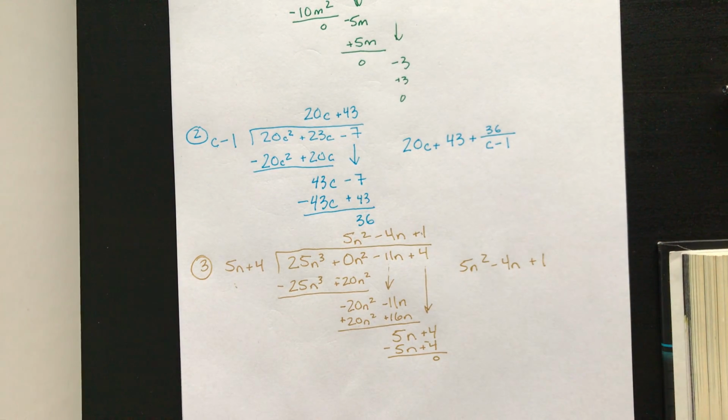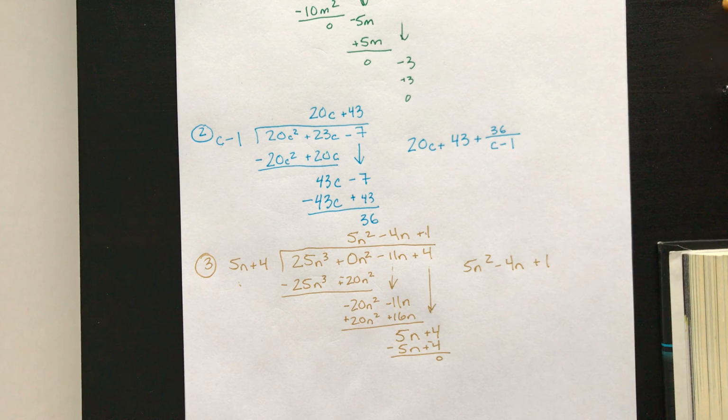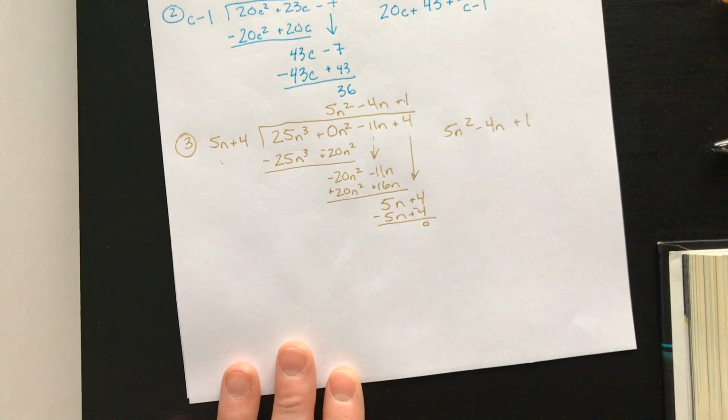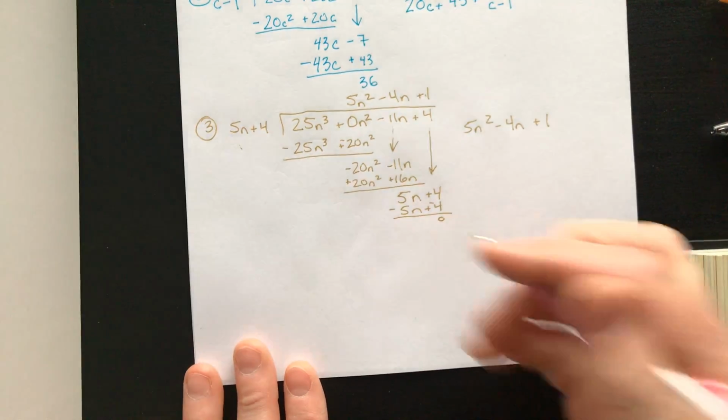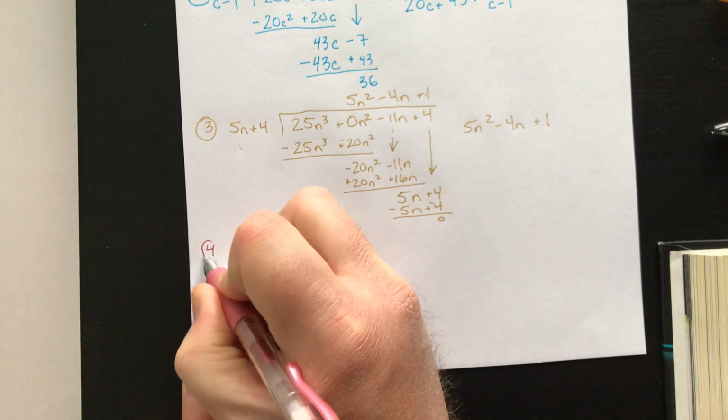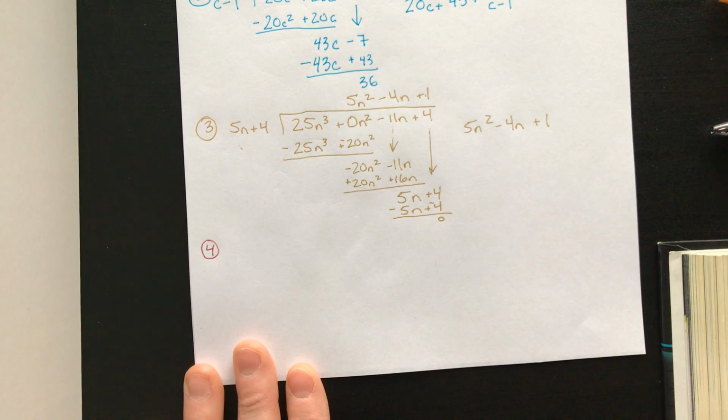All right, let's do one more. Maybe we'll use a little pink. So number 4. Number 4 says, oh, and these are all mixed up. So we want that squared term to go first.